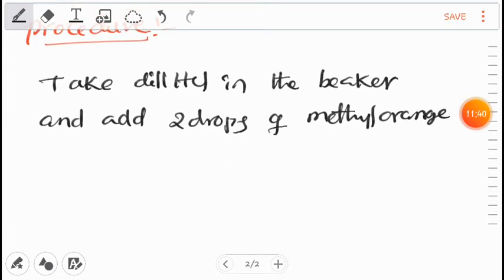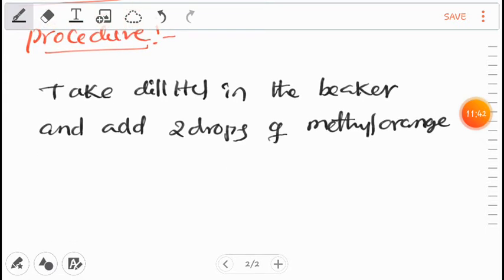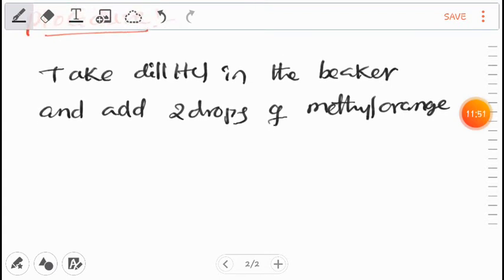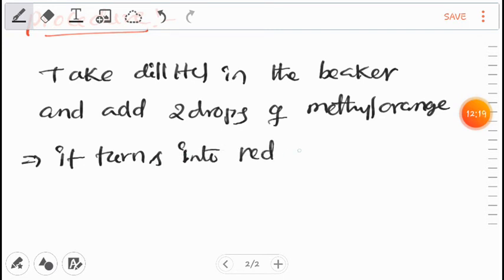In the experiment we didn't add methyl orange, right? Even though we took concentrated HCl there, in the laboratory we will do it with dilute HCl, to see less effect and avoid any accidents with chemicals. So take 2 drops of methyl orange and add it. Then we can see it turns red.